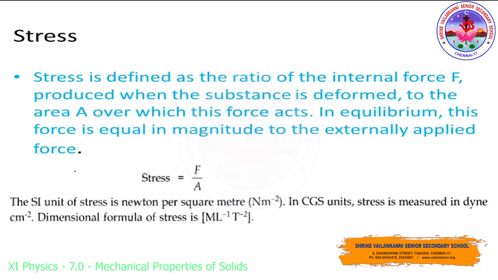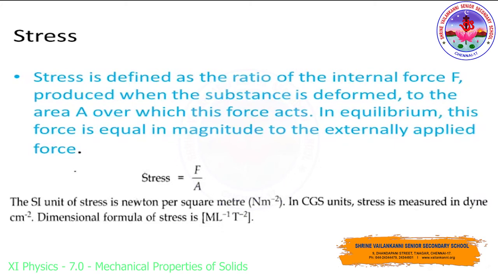Stress. What is stress? Stress is defined as the ratio of the internal force F, which is produced when the substance is deformed, to the area A. So we can say stress is nothing but the applied force per area, that means the internal restoring force set up per unit area of cross section.